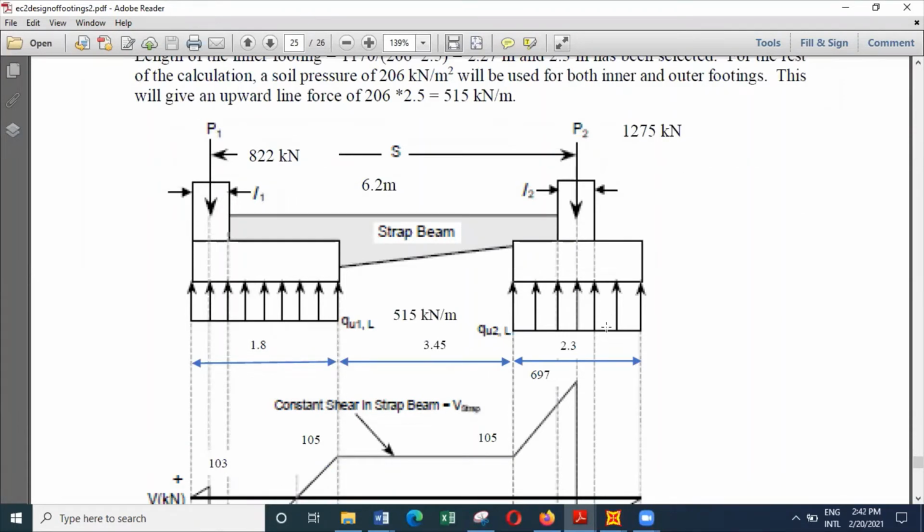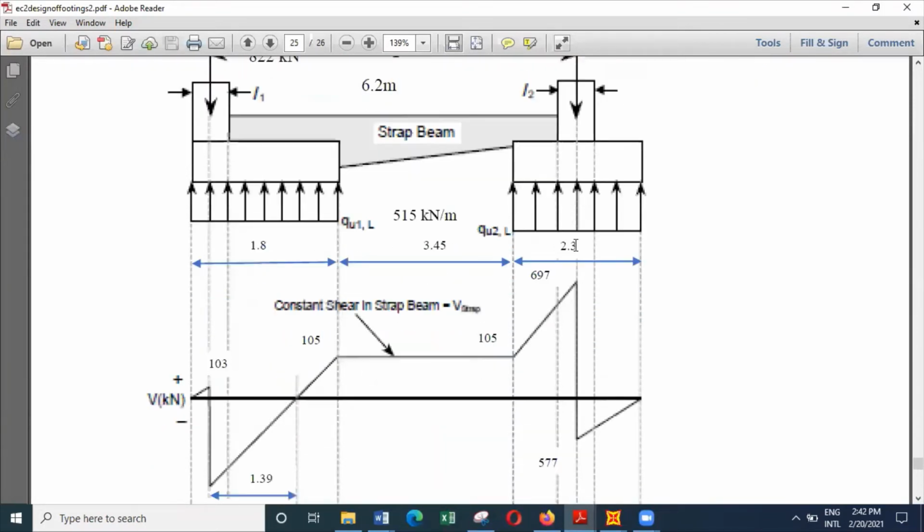So we can find the length of this, and then we can complete this line force diagram where these forces are concentrated forces and these forces are considered as distributed due to the fact that bases are resting on the ground. The bases are resting on the ground, so you get pressures, and these can be different as well, but we selected them in such a way they are equal because we want to come closer to the maximum pressure that will be allowed, which is 150 net in this case.